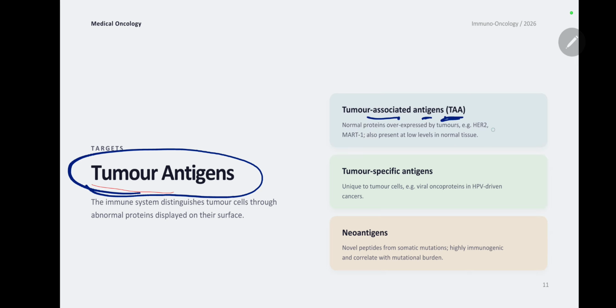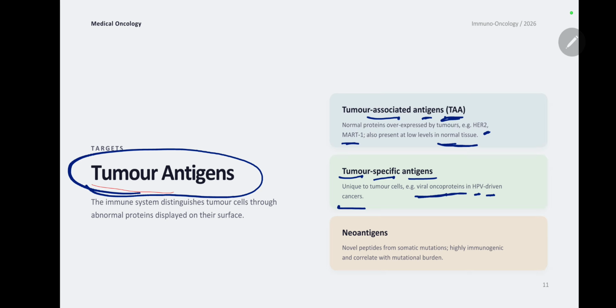This antigen is normally presented on tumor cells, but is also presented on normal tissue, that is called tumor associated. HER2 and MART1 are this type of antigen. The second is the tumor specific antigen, as the name suggests, unique and specific for the tumor only. An example is viral oncoprotein in HPV driven cancer.